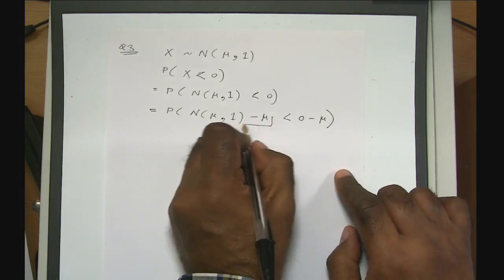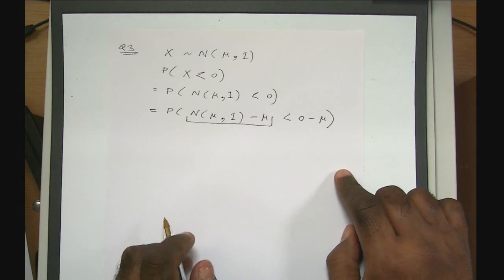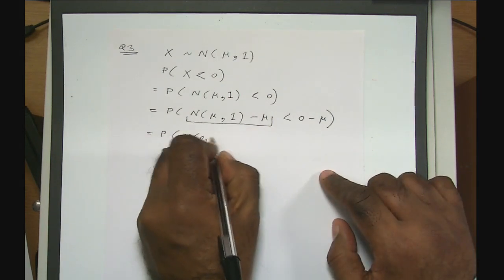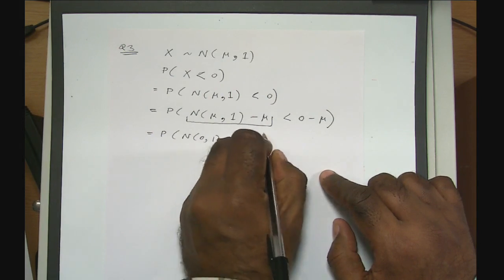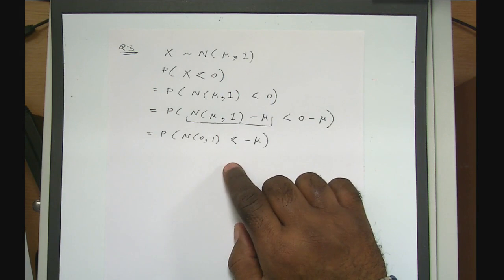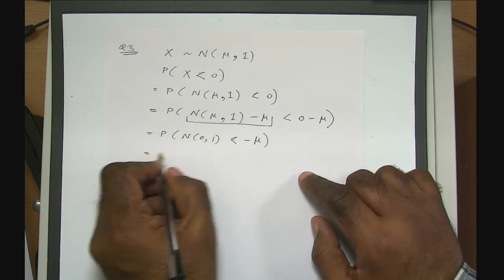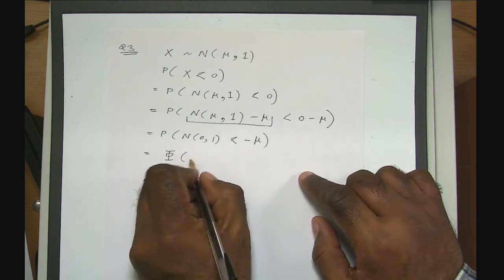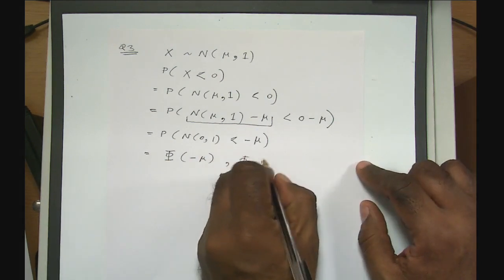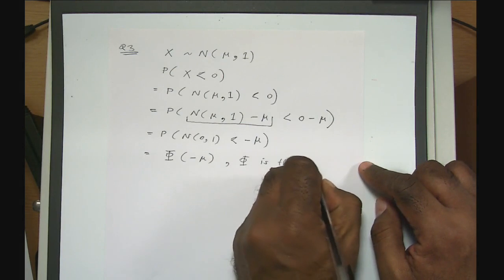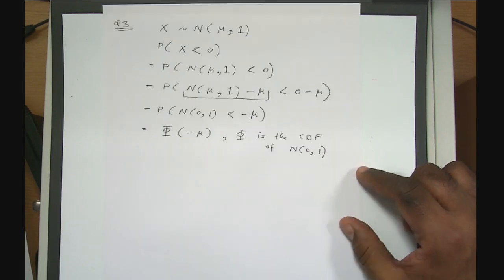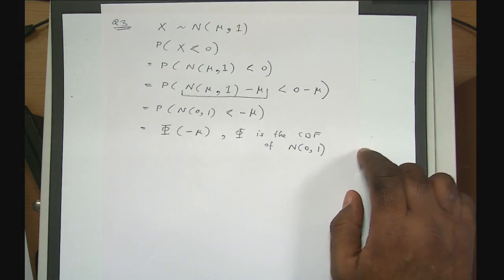So the left-hand side will become the standard normal variable, that is 0 mean and variance 1. Now we know that this probability is simply phi at minus mu, where phi is the CDF of N(0,1). Okay?